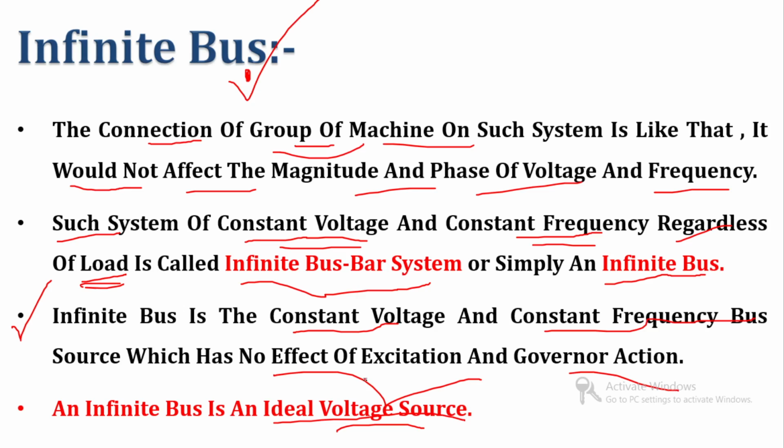We know that excitation change or governing action comes into the picture when there is a change in load, but in the case of an infinite bus, there is no effect of load. So in short, a bus on which voltage and frequency are constant is known as an infinite bus.